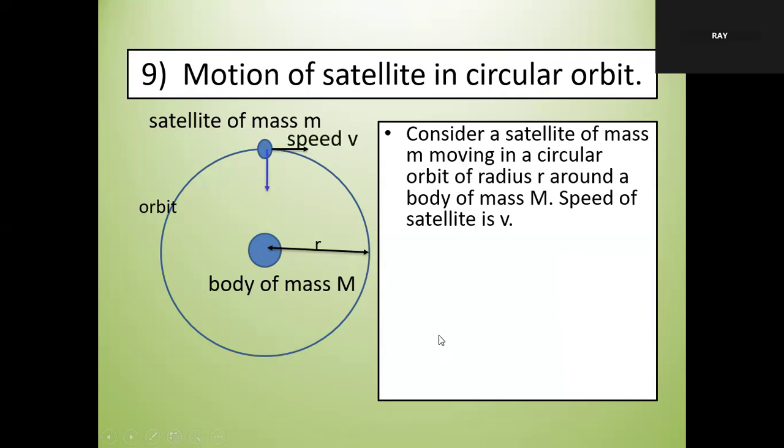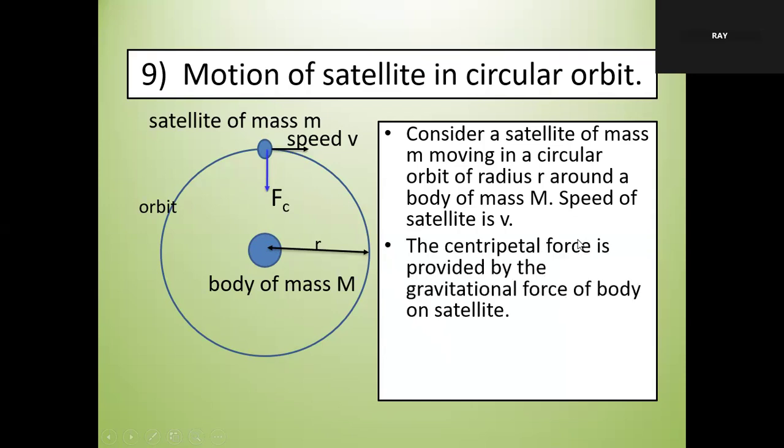It has a speed and a direction, so it's a velocity, and the centripetal force is acting towards the center of the mass capital M. So centripetal force is provided by the gravitational force of the body on the satellite. Assuming the bodies are of uniform density, or they are far apart from each other, we can call them point masses.